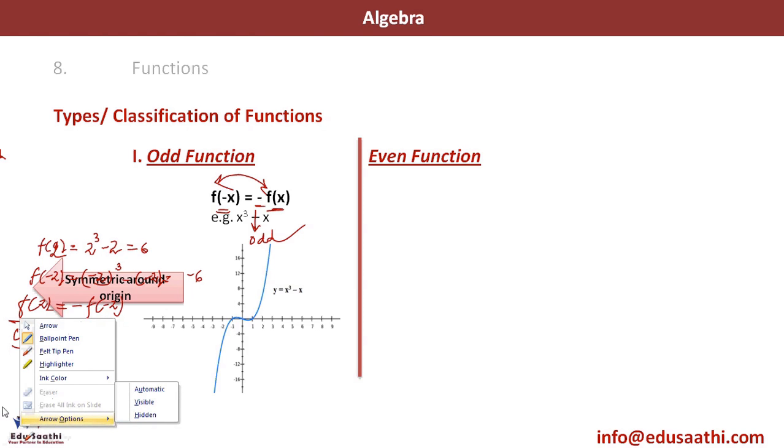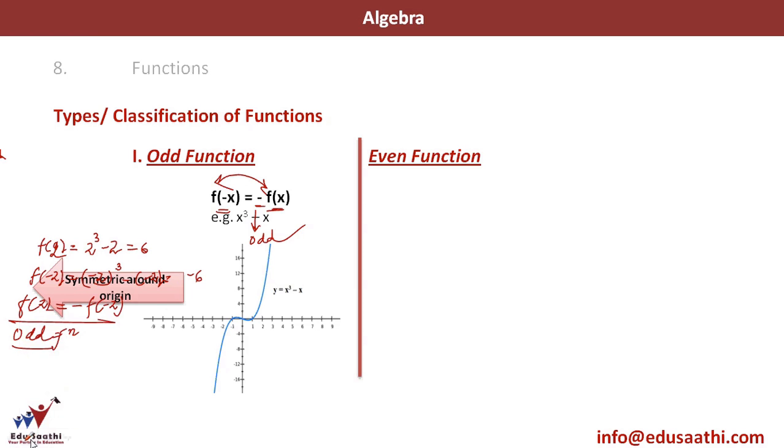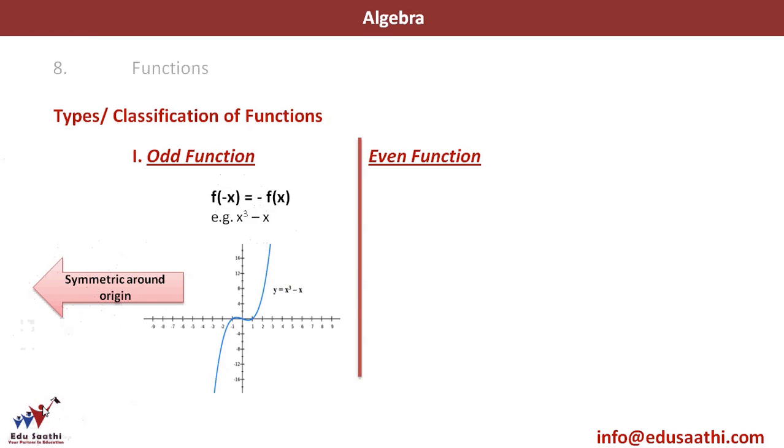Whatever is seen in the first quadrant, an image of that will be formed in the third quadrant. Whatever is the graph in the second quadrant, an image of that will be formed in the fourth quadrant.